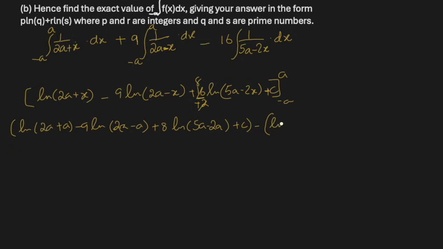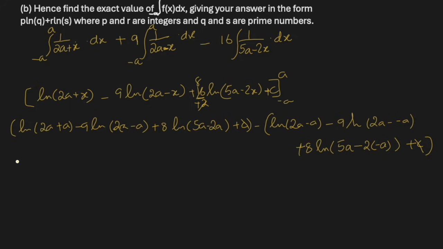So natural log of 2a minus a minus 9 natural log of 2a minus a plus 8 natural log of 5a minus 2 times negative a plus c. We should first get rid of c's, because c minus c will be 0.